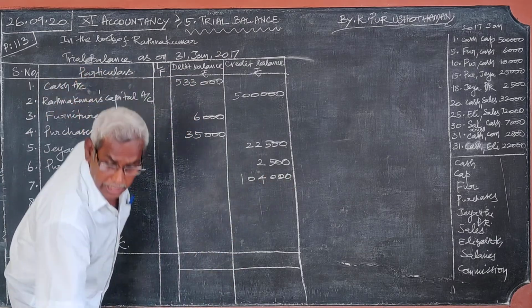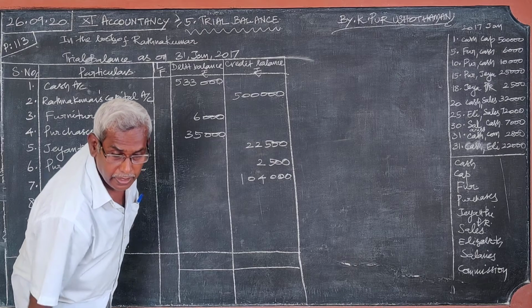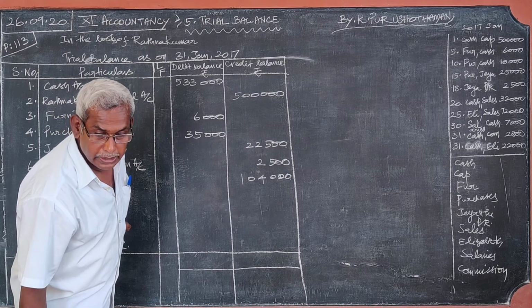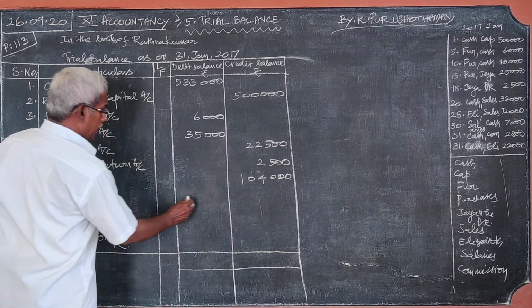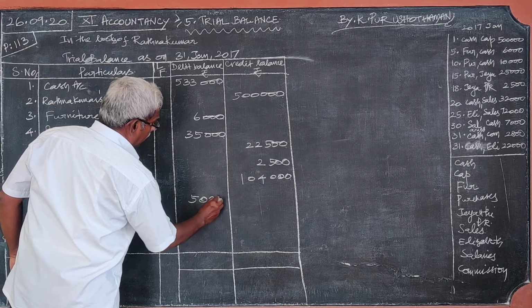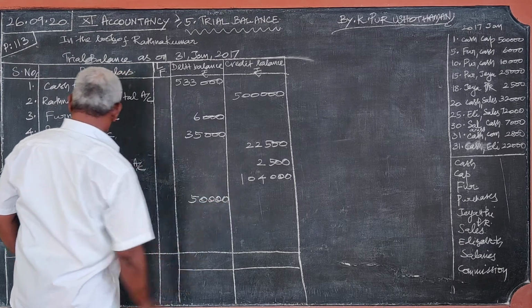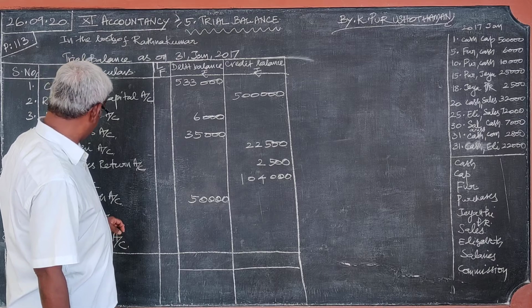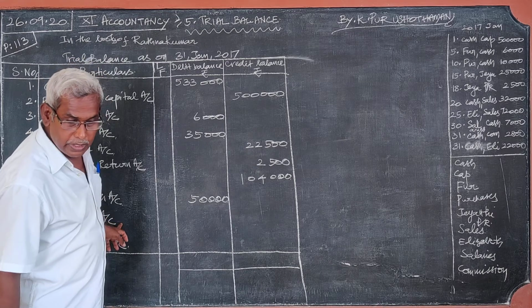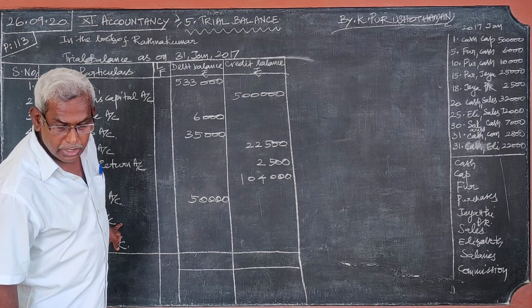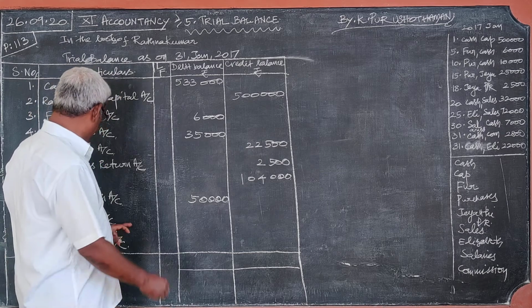For Elizabeth account, the brought down is on the debit side, so you write the amount on the debit side. Then for salaries, the balance brought down is on the debit side, 7,000.